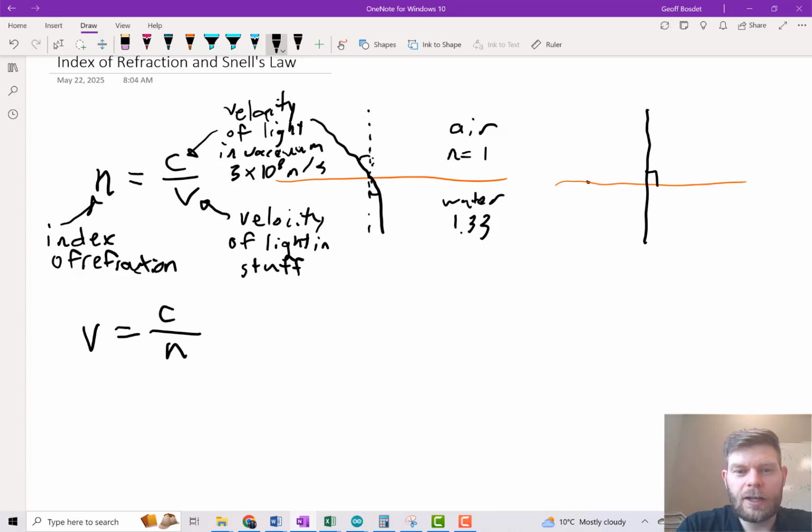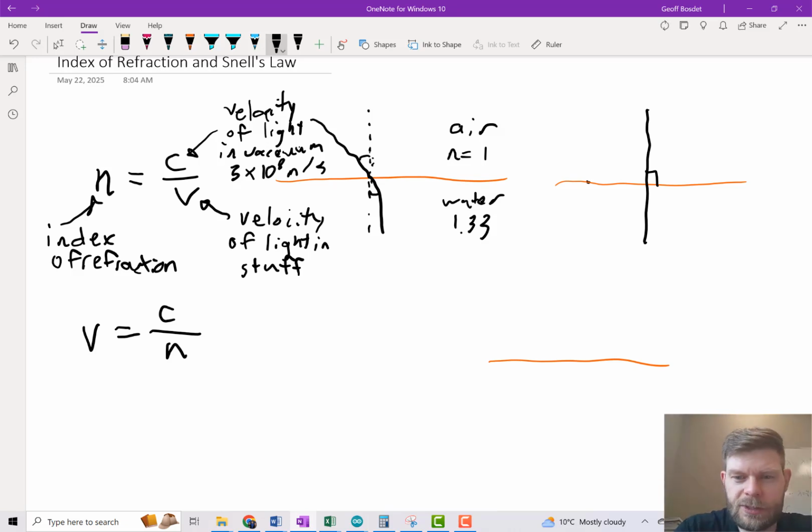There are two other things you might need to use. One thing to note, as light goes from one substance into another, you can look at it as a ray, like a laser beam, or you can look at it as a wave.